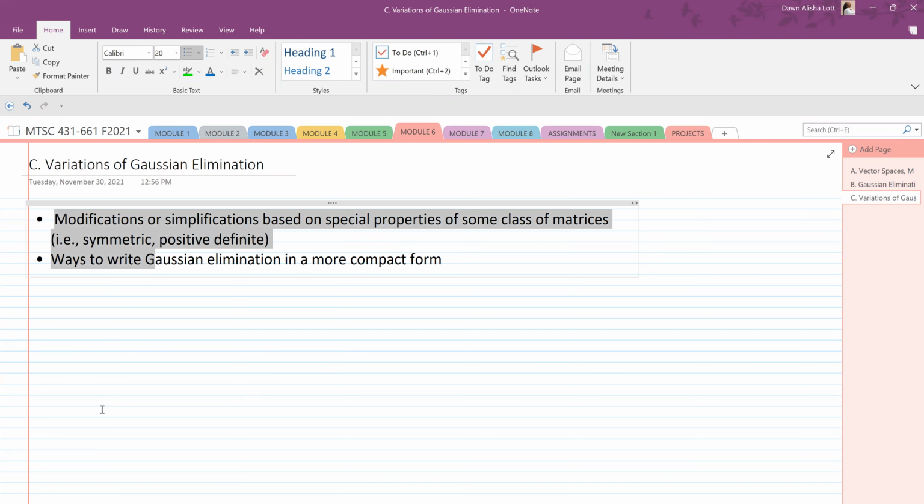All right. So the first one is going to be the Gauss-Jordan method.